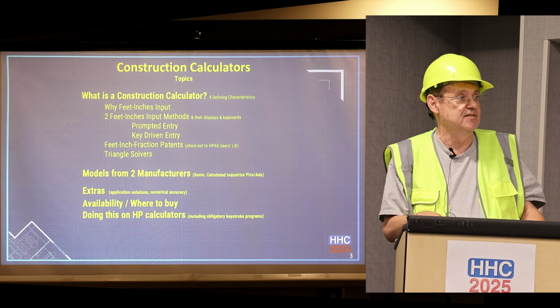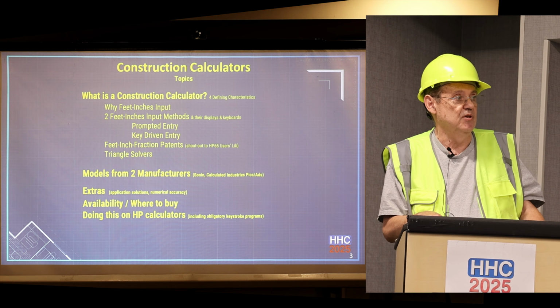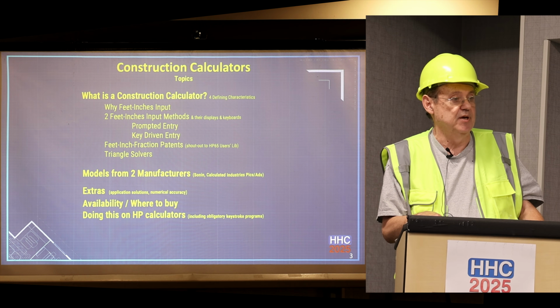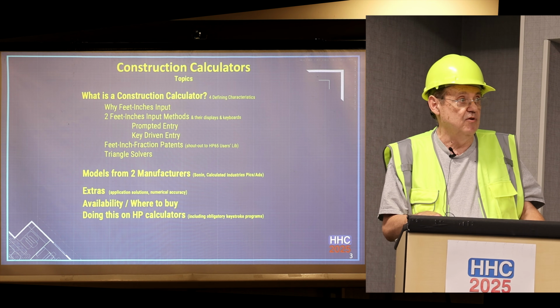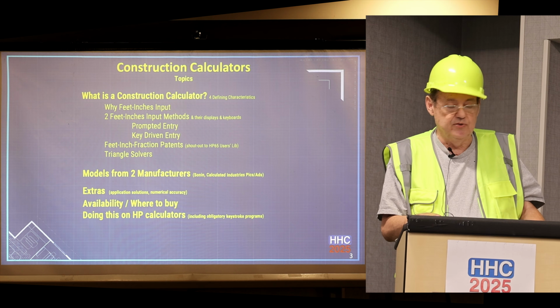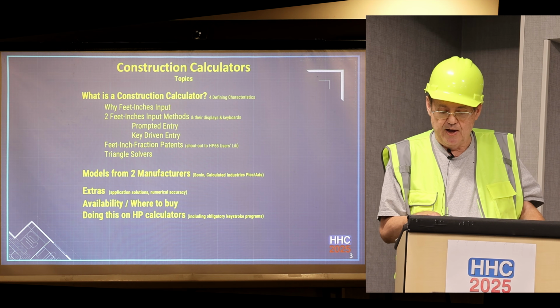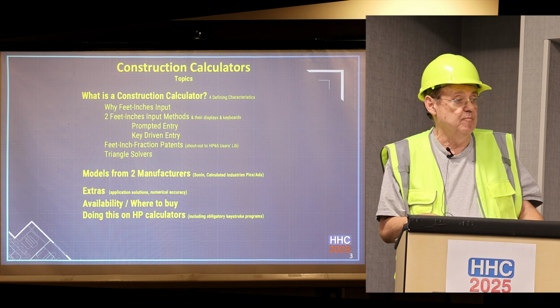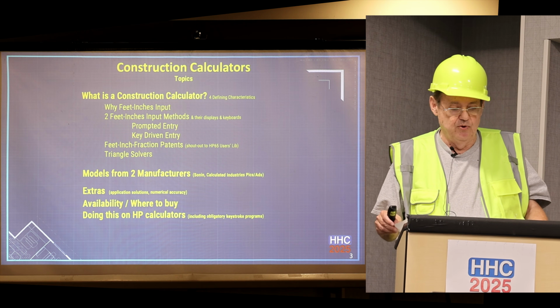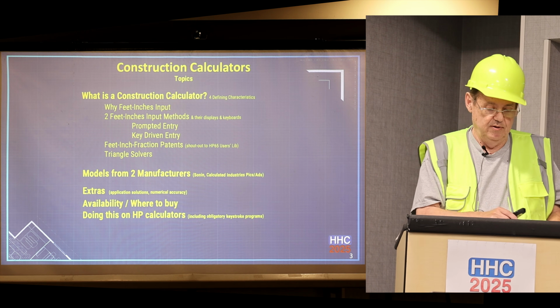So what are the patents that the industry used to lock these calculators up to begin with? Triangle solvers. Then models from 2 manufacturers, extras like application solutions and numerical accuracy, availability, where to buy, and end with doing this on an HP calculator.